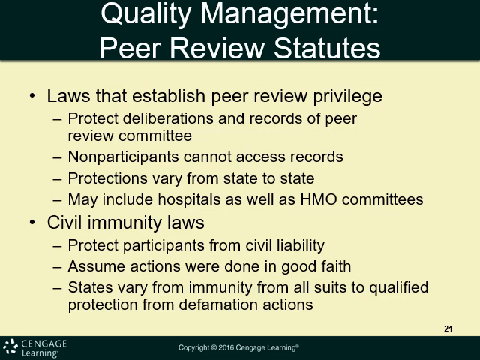Some statutes provide absolute immunity from all suits, while others provide only qualified immunity if a defamation action is brought. Where immunity is granted, the law assumes that the participant acted in good faith. If a plaintiff can demonstrate that a participant acted with malice, the participant is no longer shielded from liability.